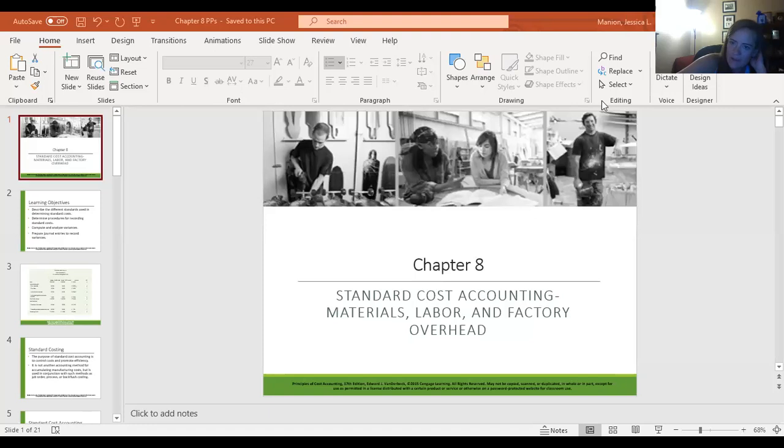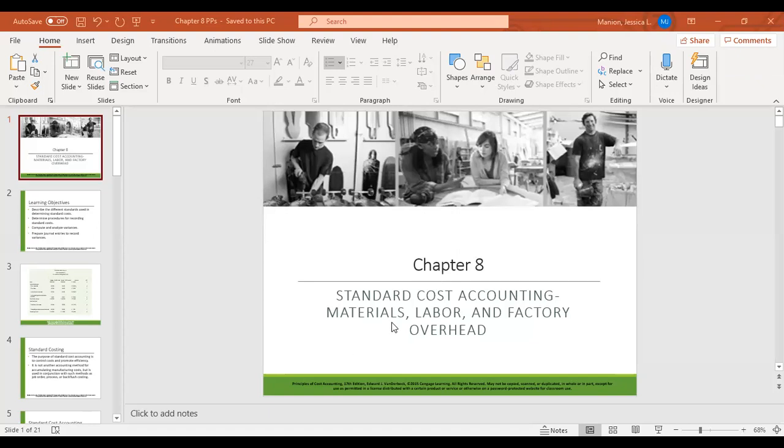So I'm going to get my screen shared with you, and then we will go over these PowerPoints together. Okay, so Chapter 8, again, we're looking at standard cost accounting: materials, labor, and factory overhead. We're going to look at ways that we can drill down on or analyze these variances better.